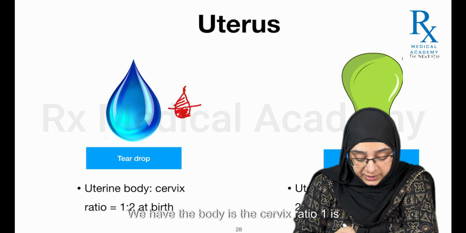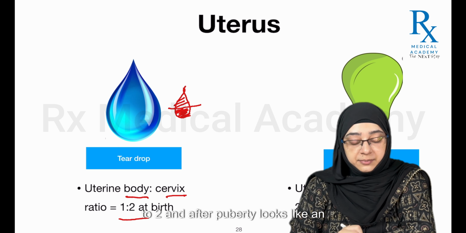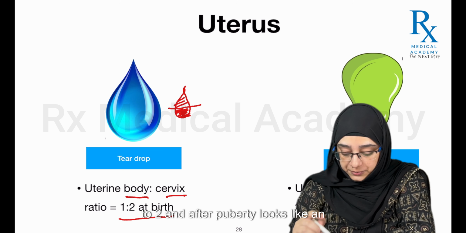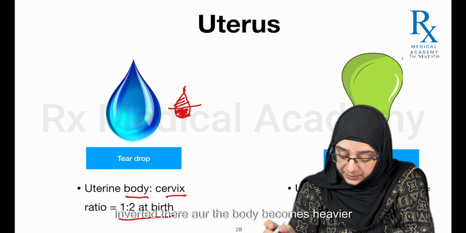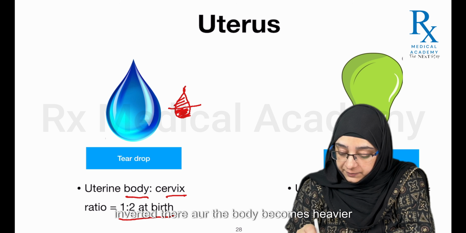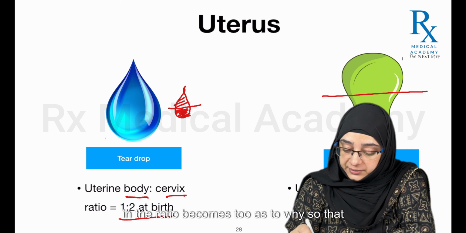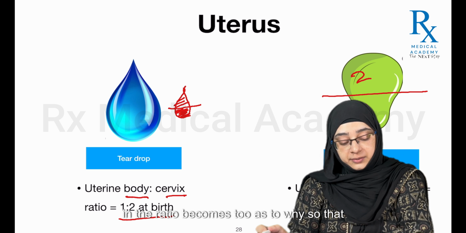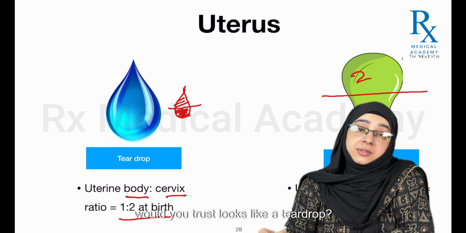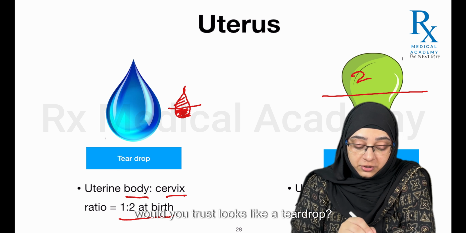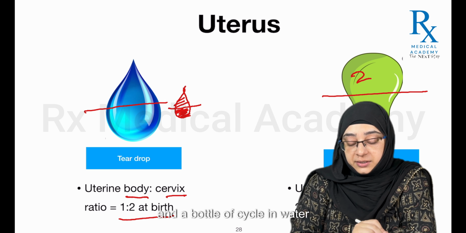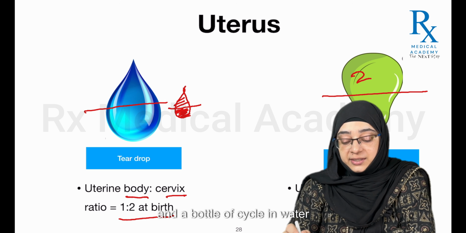The body to cervix ratio is 1:2 at birth, and after puberty it looks like an inverted pear, the body becomes heavier and the ratio becomes 2:1. So we say that a prepubertal uterus looks like a teardrop, and a pubertal uterus looks like an inverted pear.